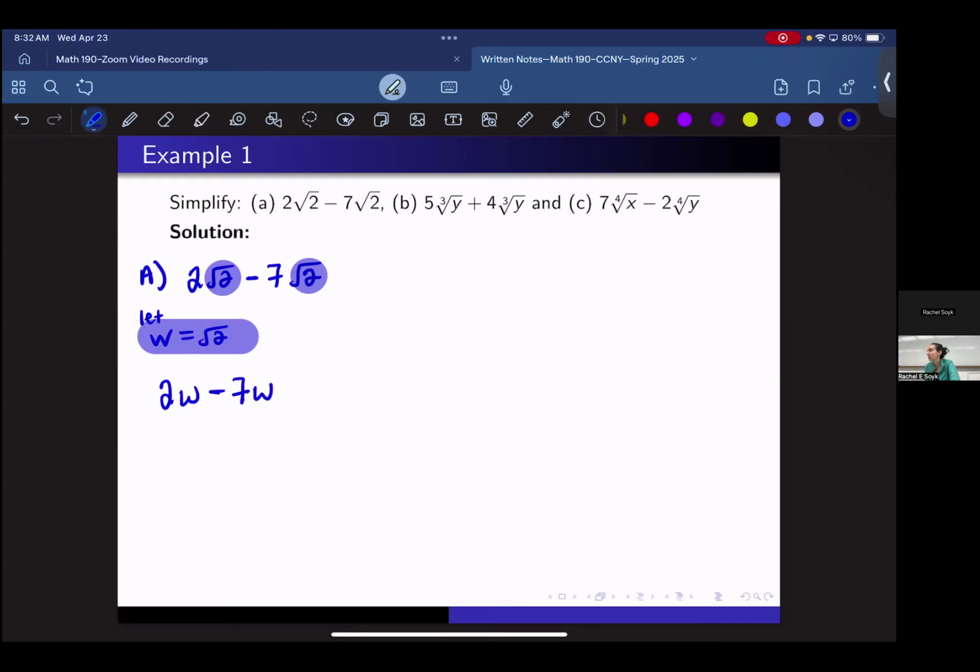What's 2w minus 7w? Negative 5w. And then finally, let's substitute in that square root of 2. So what's our final answer? Negative 5. What's w equal to? Yeah, square root of 2. There we have it. We're done.